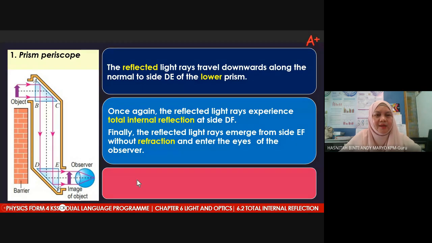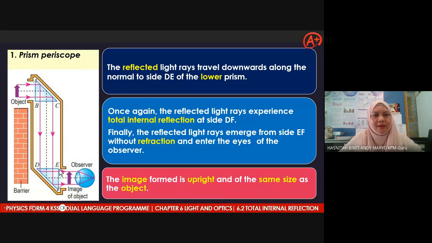So we will see the image formed with these characteristics. It is upright. See, the object is upright, image also upright, and it has the same size as the object, upright and same size as the object. Another characteristic, it is virtual.